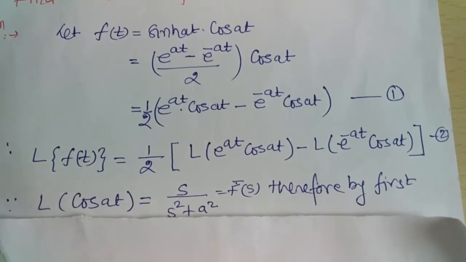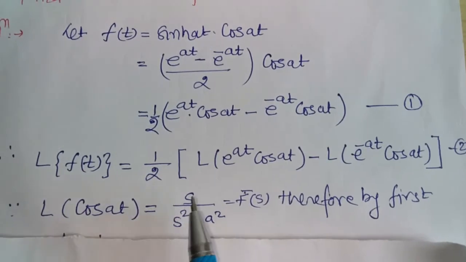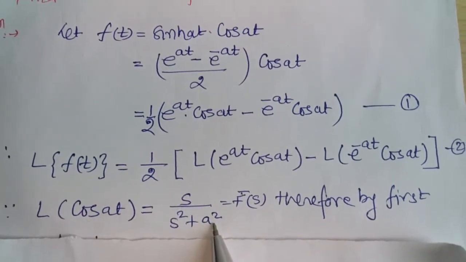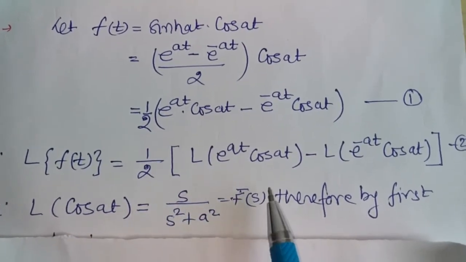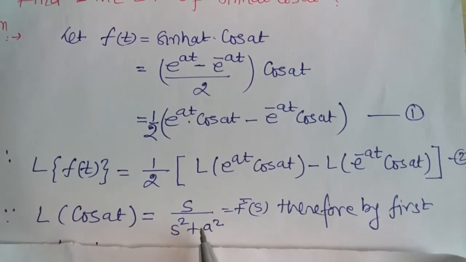The Laplace transform of cos at, as we know, is s upon s square plus a square, which we denote by f bar s. So this is the Laplace transform of cos at.